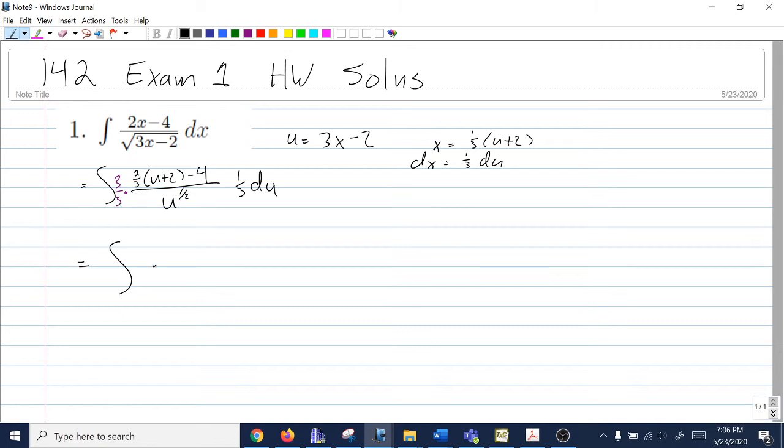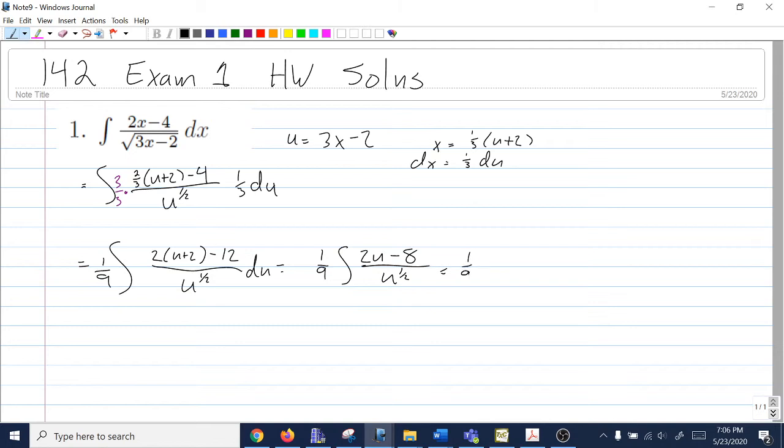Now I have 2u plus 2, plus multiply that 3 onto that 4 and I get 12. A 1/3 and a 1/3 makes a 1/9 I can pull all the way out over u to the 1/2. This is 1/9 integral of 2u plus 4 minus 12 is minus 8 over u to the 1/2.